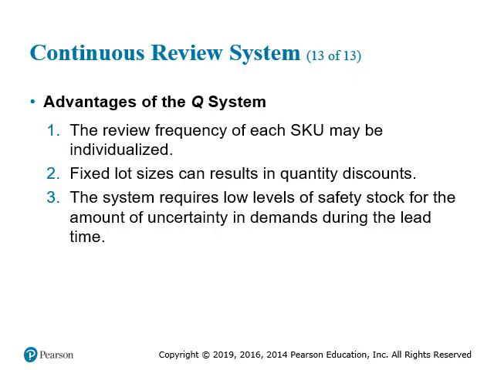So just to summarize, a Q system is really a good system to use for things that are important enough for you to create an inventory policy for the individual SKU. And so, a lot of times if you're doing this, you may be able to take advantage of quantity discounts in a way that you couldn't with other types of inventory models.